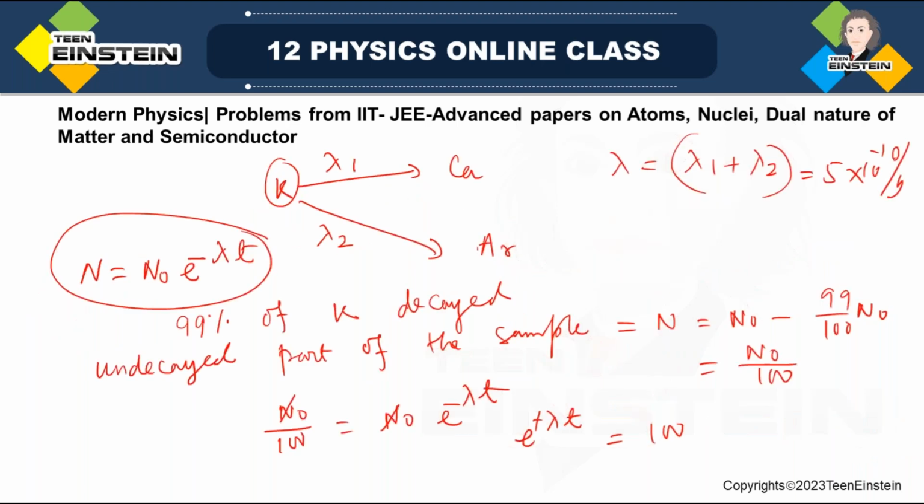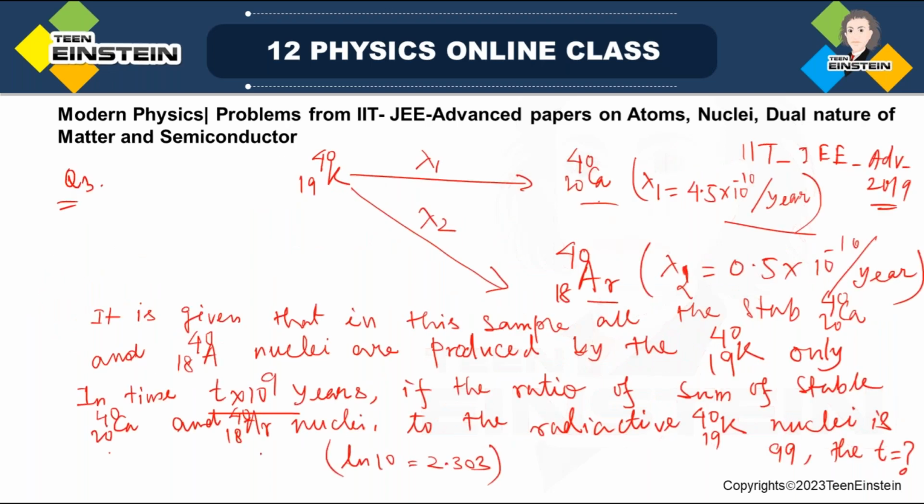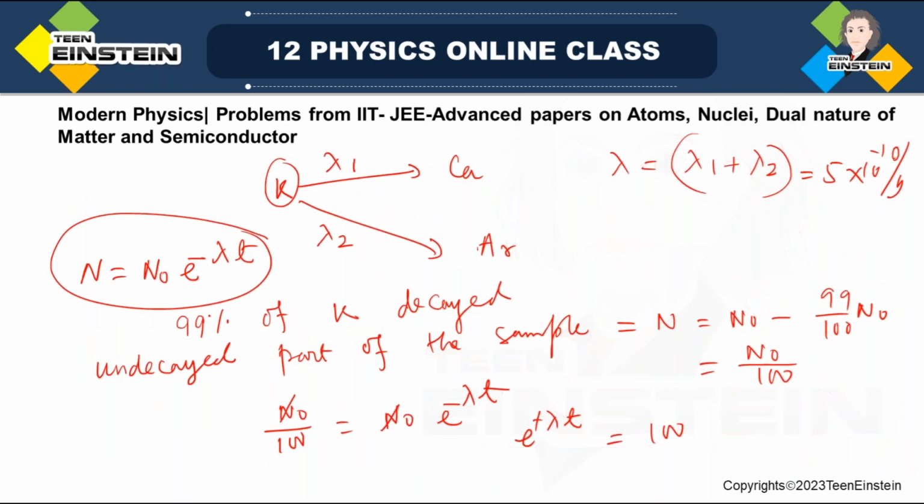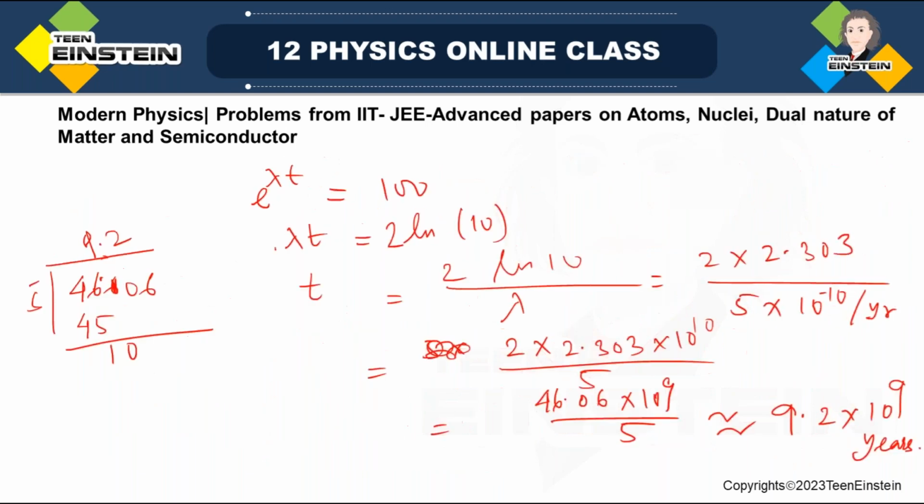Okay, so there were options given. I think I have skipped these options, or I have forgotten. No, you have to find out the time t. What is the value of t? So t into 10 to the power 9 years was given, right? So this t will be just this value.